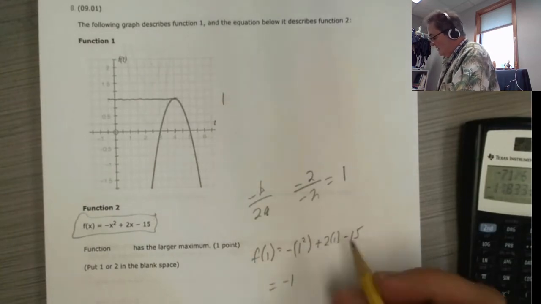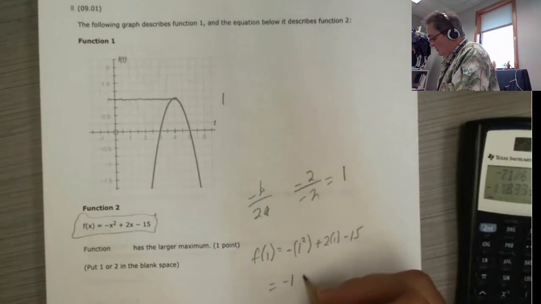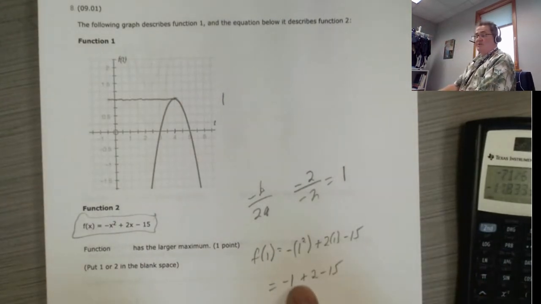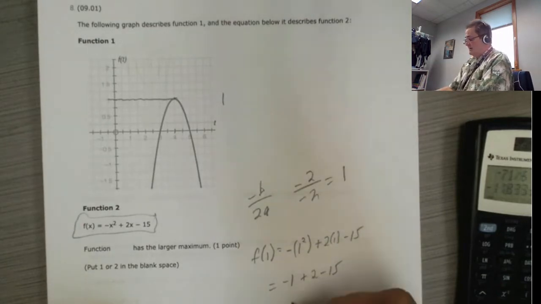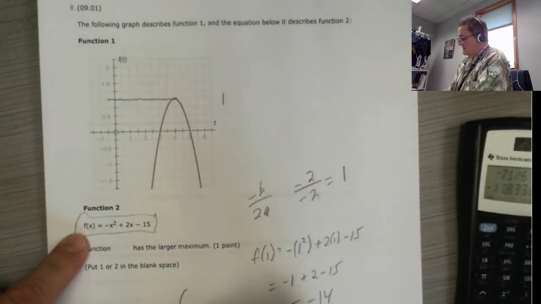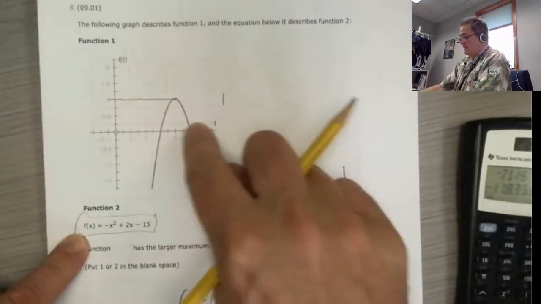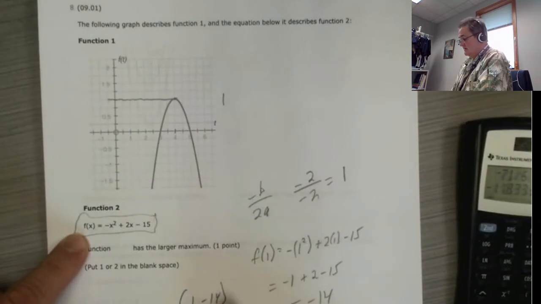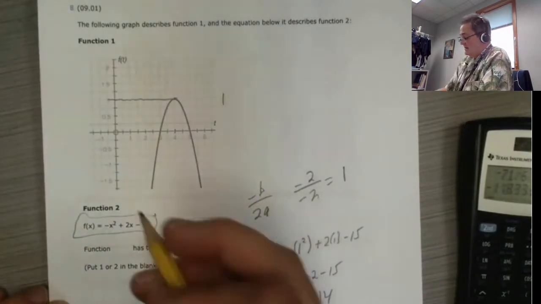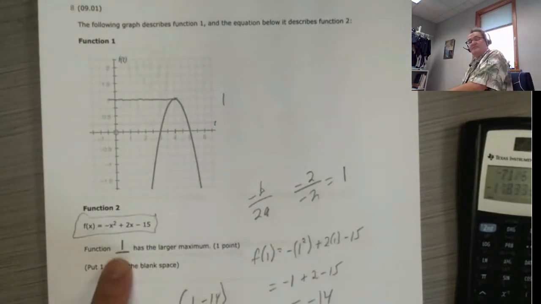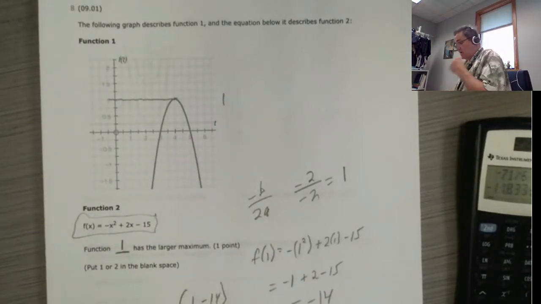So negative 1 plus 2 times 1 is 2 minus 15. Negative 1 plus 2 is positive 1 minus 15. So the maximum for this one, its vertex is at 1, negative 14. It is way farther down on the graph. It never gets up. It never even gets up to 0. Negative 14 is the highest point on that. So function 1, we'll just put in the blank space. Function 1 has the larger maximum.